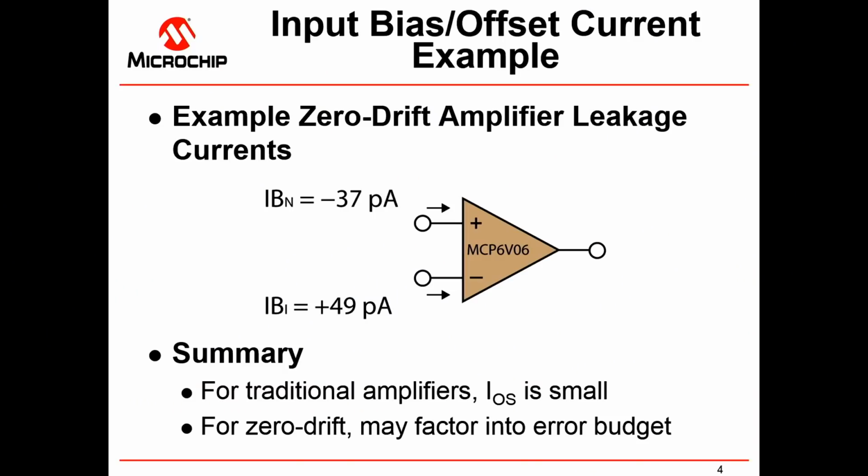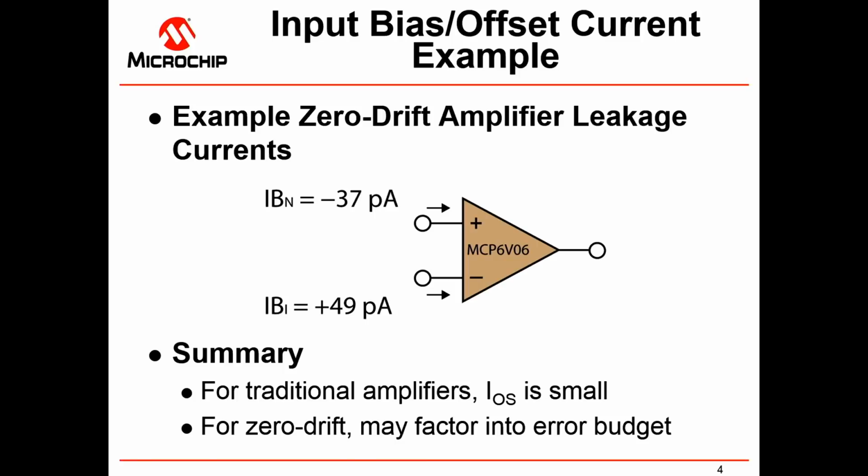Yes, so given those definitions, let's apply some numbers to them and see how that relates to a real amplifier. Here in this example, we picked the MCP6V06, and you won't find those exact numbers in the data sheet, because input bias current is the average, but the individual currents are noted here.